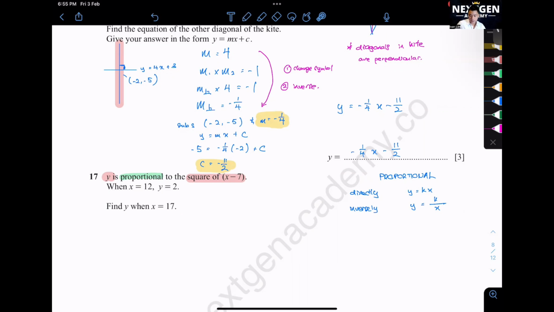It's not always x, whatever they give you in the sentence. Here they say y is proportional to the square, so you just replace whatever the x is that they give you. They say the square of x minus 7. So the first thing is to write the equation in terms of k: y equals k times (x minus 7) squared. You write this down first.